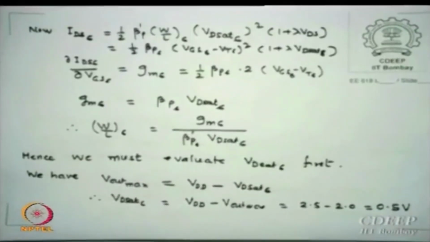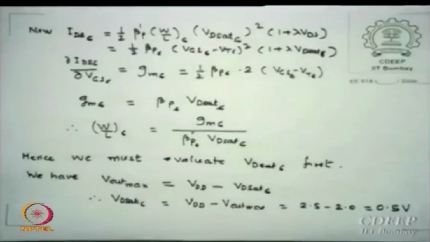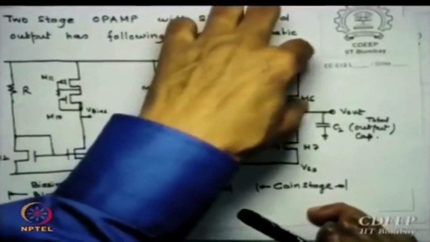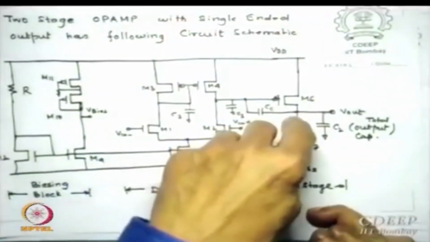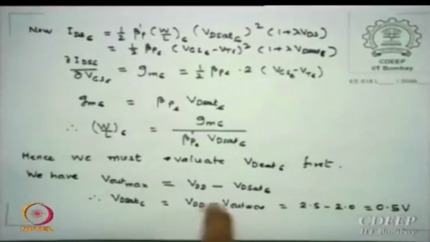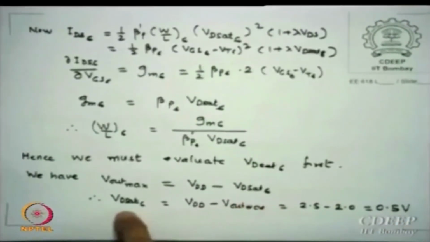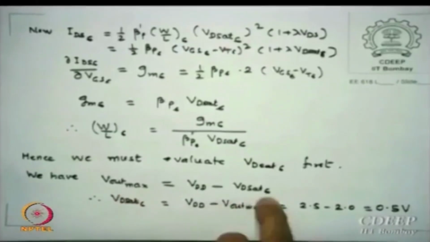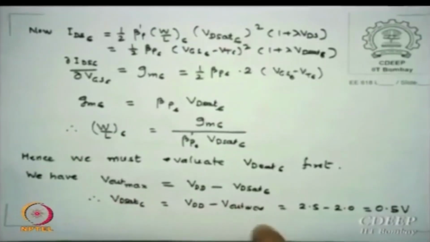What is V out maximum we have given to you? VDD minus, please look at the figure, just a minute. VDD minus this is the VO, is that clear? So I say VDD minus VD sat 6 is my V out max. So VD sat 6 is VDD minus V out max.